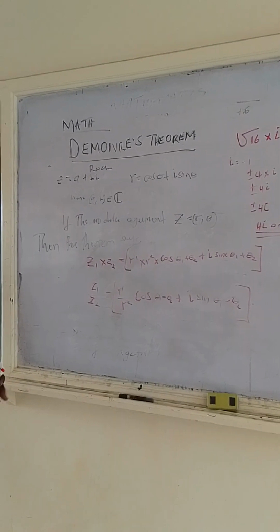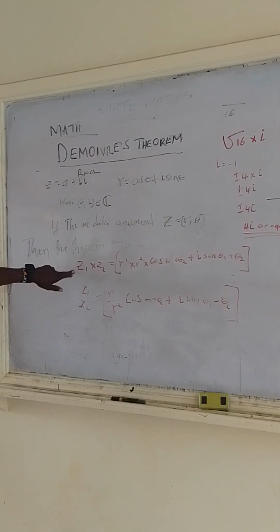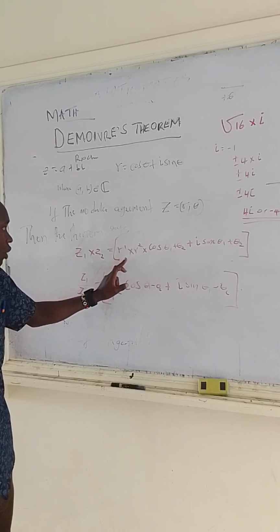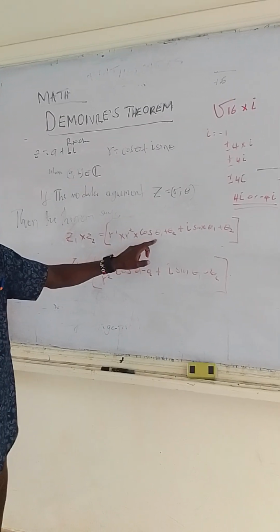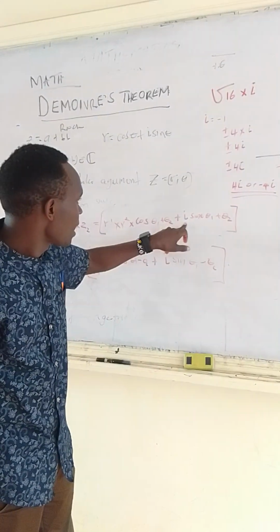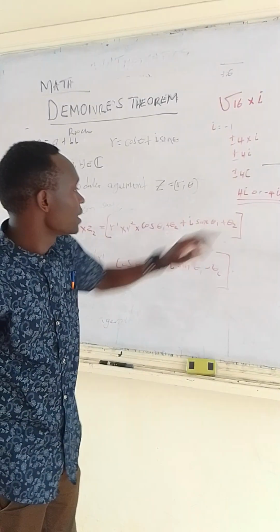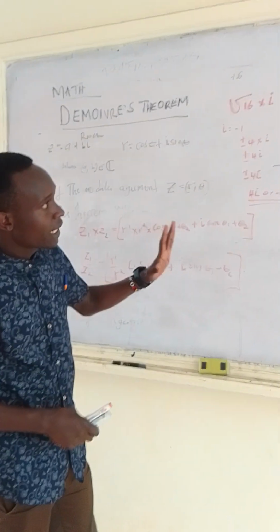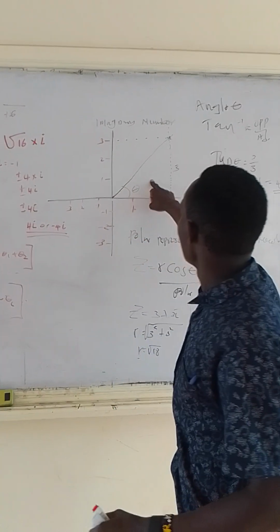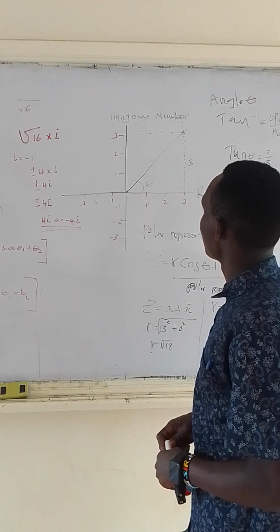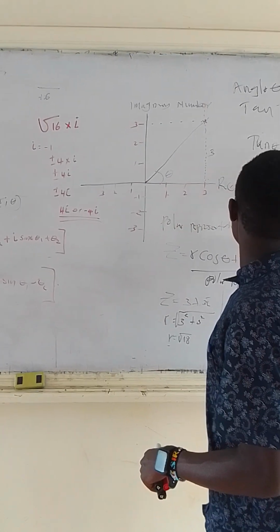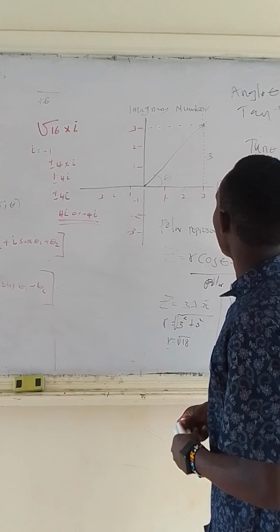You should also note that z1 multiplied by z2 is equal to r1 multiplied by r2 multiplied by cos of theta 1 plus theta 2 plus i sin of theta 1 plus theta 2. And you know how you can obtain theta: we use tan, tan is opposite over adjacent, and then you find the angle.